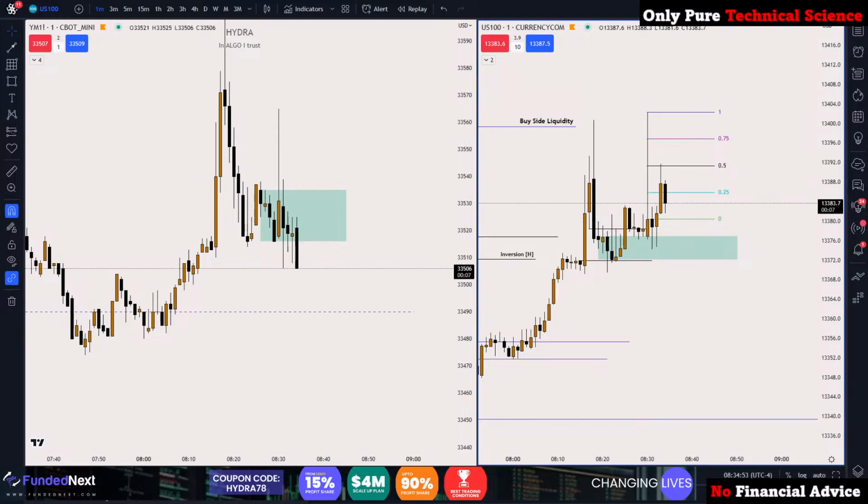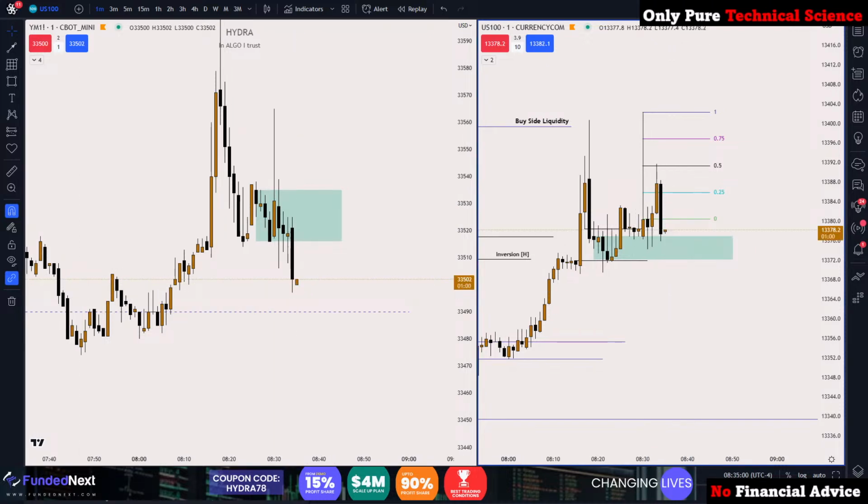Price is just chopping here. So much consolidation. So this candle, I think it will close below this. Yeah, so let's wait and see how this candle reacts. No chance of entry anyway.